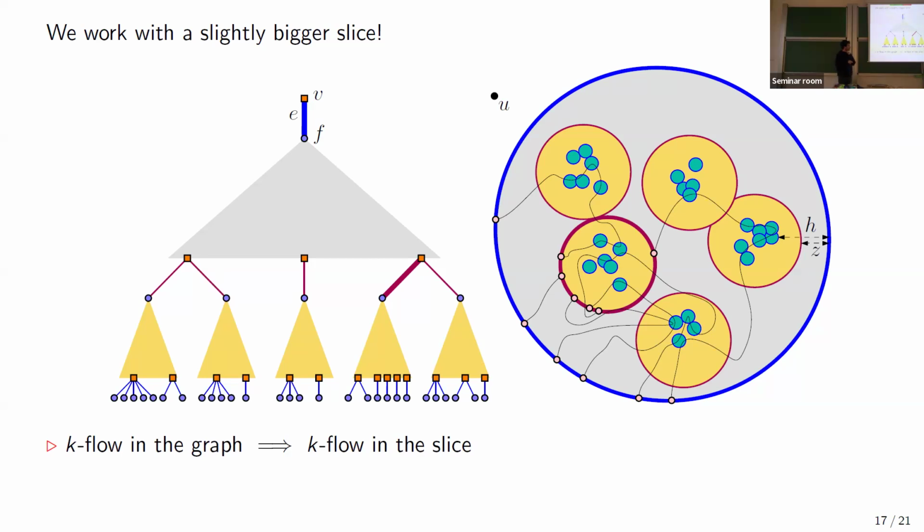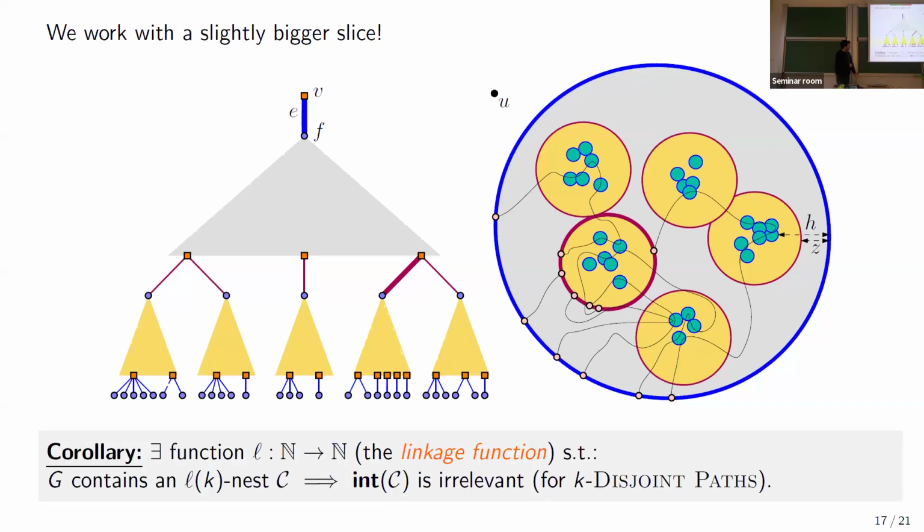And I want to say that if such a flow exists in the general graph, then such a flow should exist in the slice. Meaning, if I remove all these green interiors, then I still have a flow.